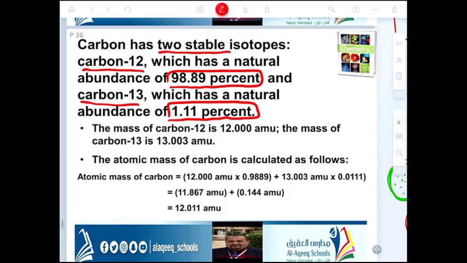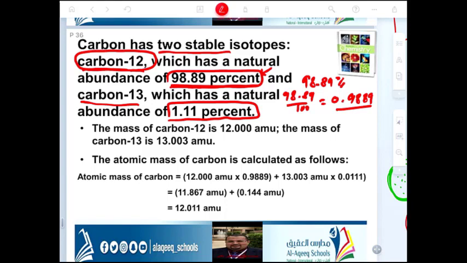First, you will multiply the mass, which is 12 here, times the percent, after changing the percent into a number. 98.89%, change it into a number, meaning divided by 100. 98.89 divided by 100 means 0.9889.